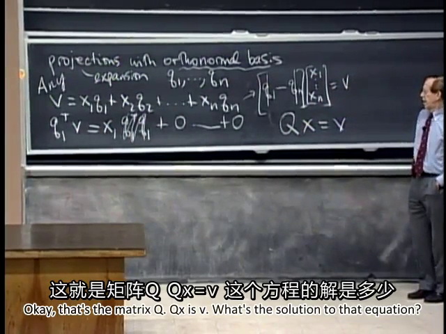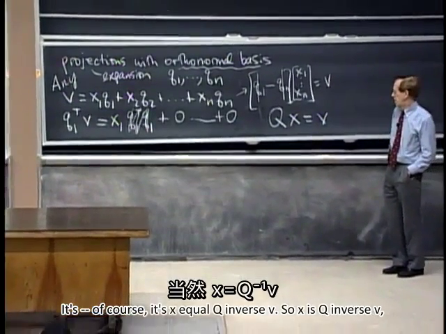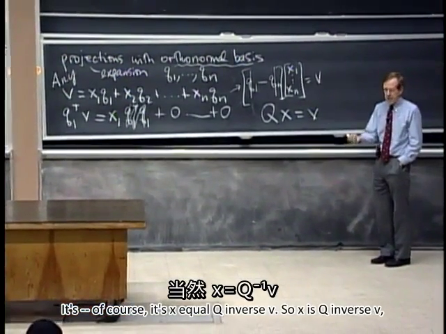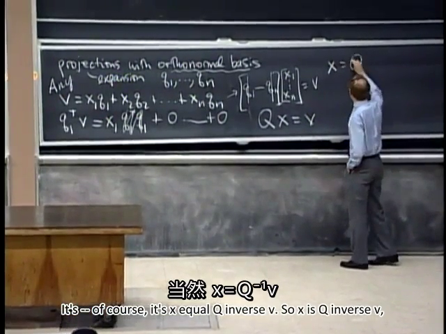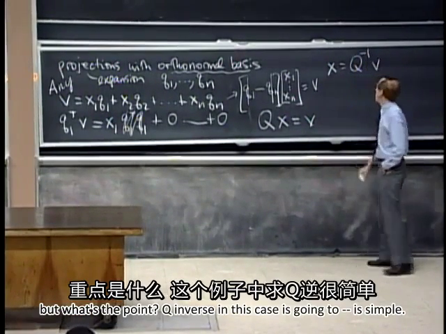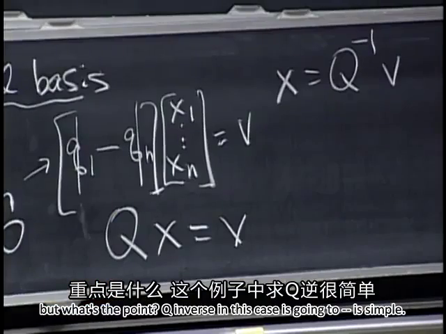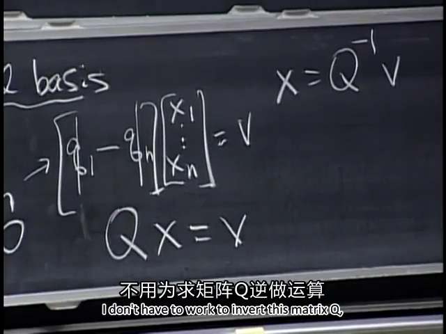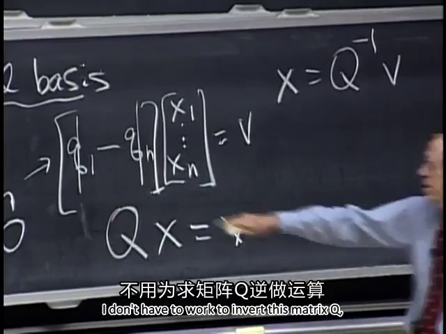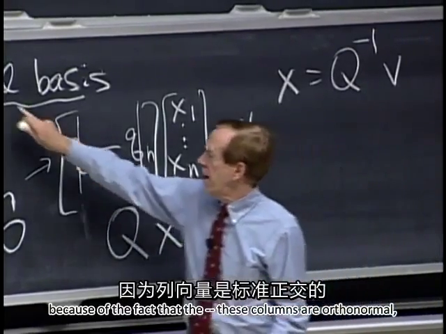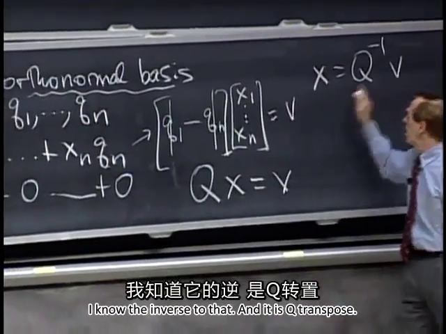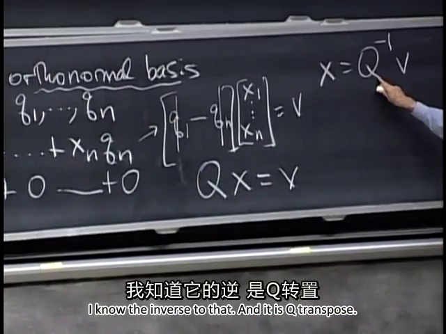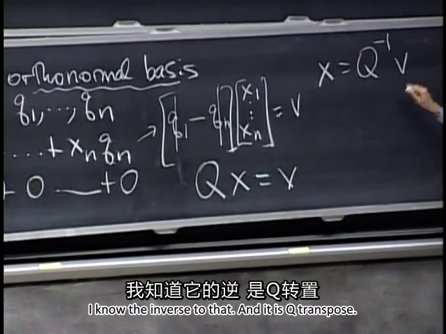What's the solution to that equation? Of course, it's x equals Q inverse v. So x is Q inverse v, but what's the point? Q inverse in this case is simple. I don't have to work to invert this matrix Q because of the fact that these columns are orthonormal. I know the inverse to that, and it is Q transpose.